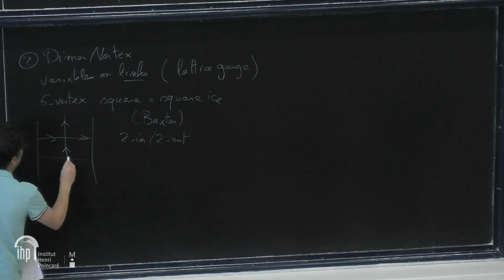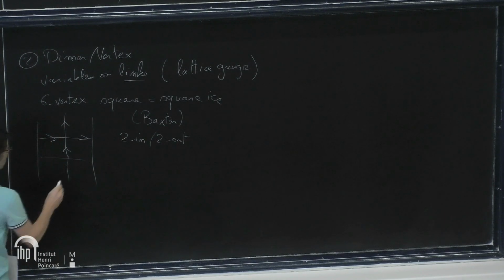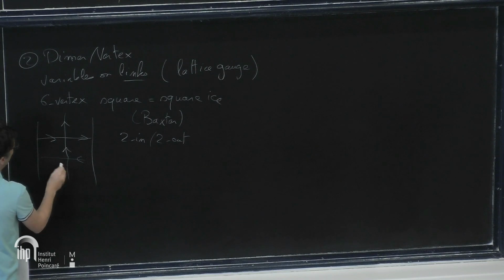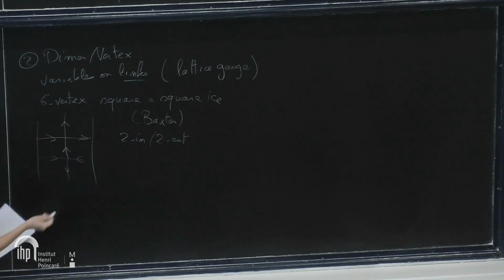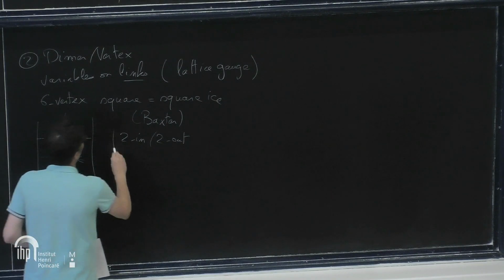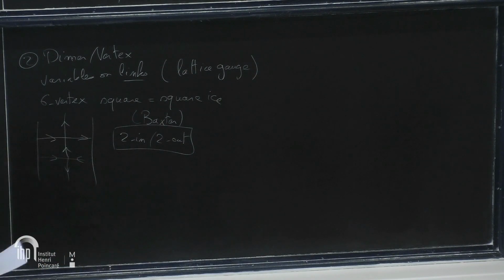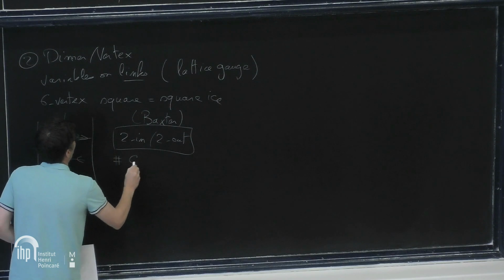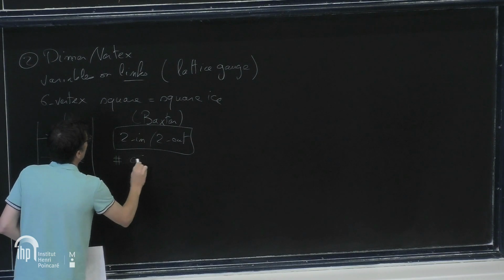At each vertex, I want to have 2 in, 2 out. You can play around and draw configurations. You see the rule of the game? 2 in, 2 out. How many configurations? It's just a counting problem.